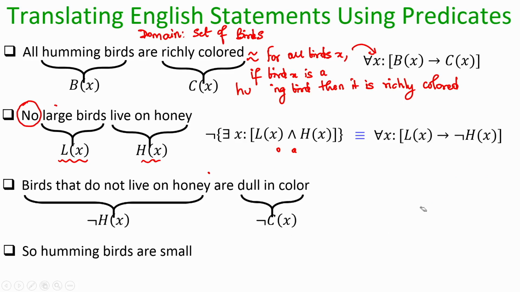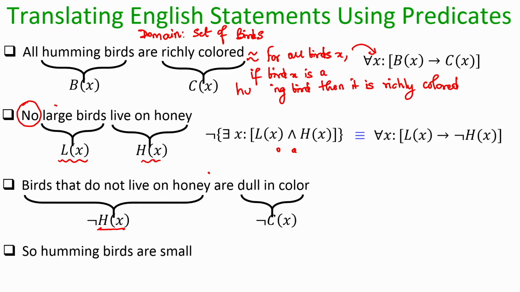Now, what about the third statement? Okay. I do not need to introduce new predicates here, because I have already introduced the predicate h of x to represent that bird x lives on honey, and I have already introduced the predicate c of x to denote that bird x is richly colored. So, dull in color will be negation of c of x. Now, the question is, is this a universally quantified statement or existentially quantified statement?